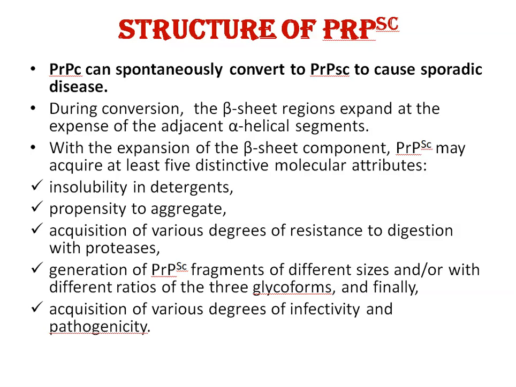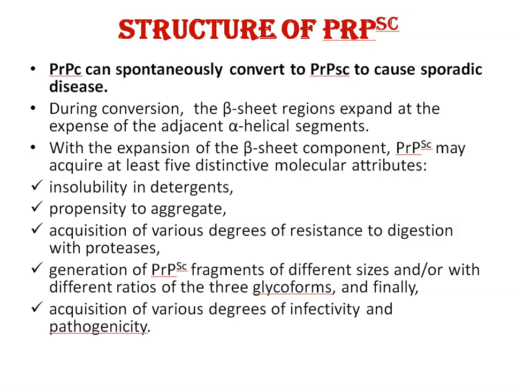Now, the structure of the disease-causing form, that is PrPsc. PrPc, the normal form, can spontaneously convert to the disease-causing form, PrPsc, to cause disease. During this conversion, beta sheet regions expand at the expense of the adjacent alpha helical segments. With this expansion, the beta sheet component, that is PrPsc, may acquire at least 5 distinct molecular attributes.